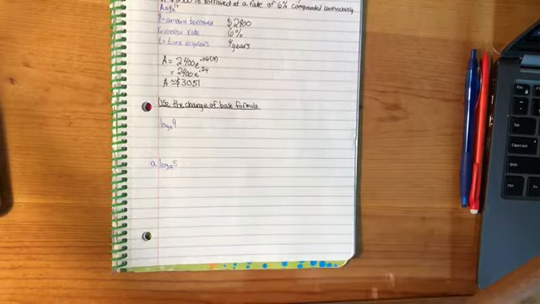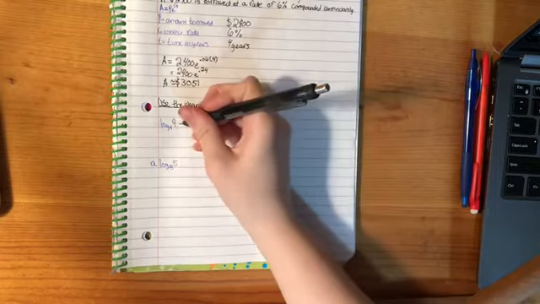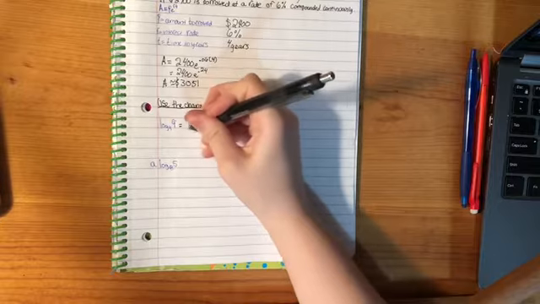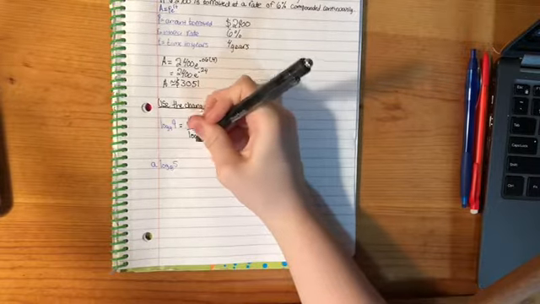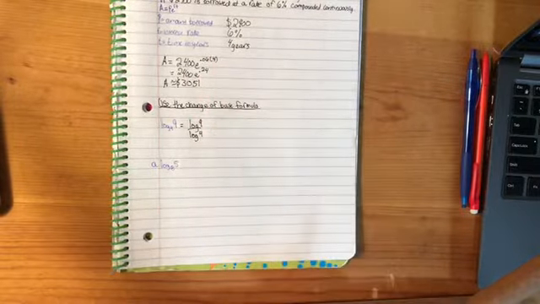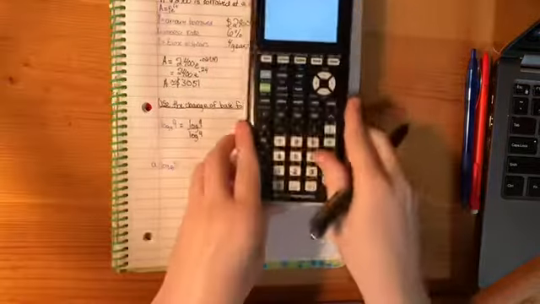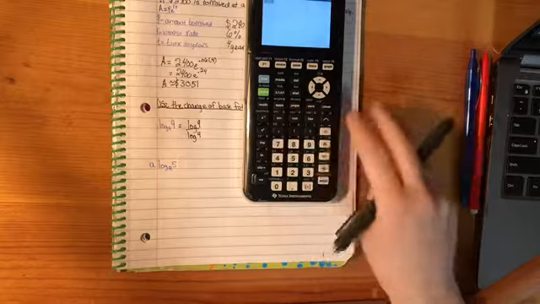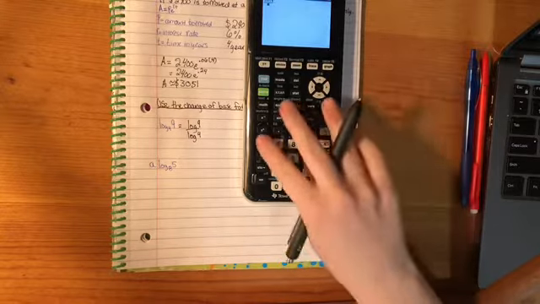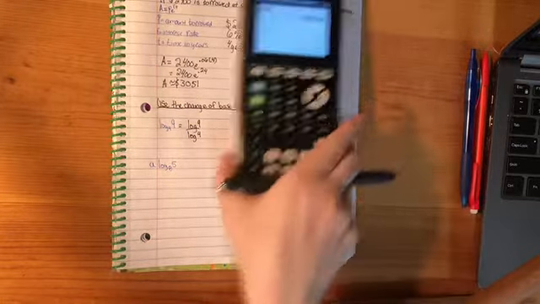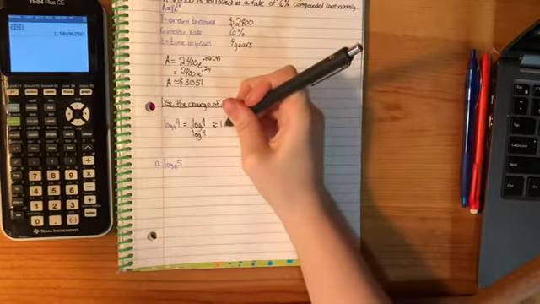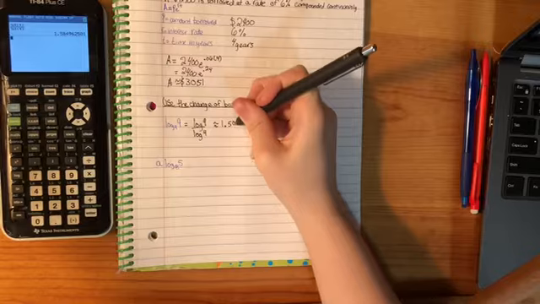Using the change of base formula, we're going to write this as log 9 over log 4. Now we're going to use our calculator to figure out the answer. Log 9 over log 4 is approximately 1.585.